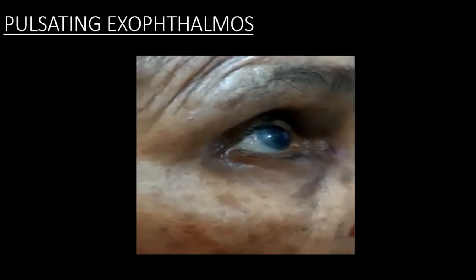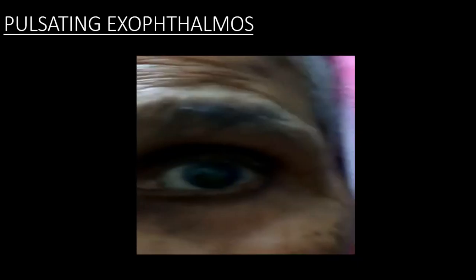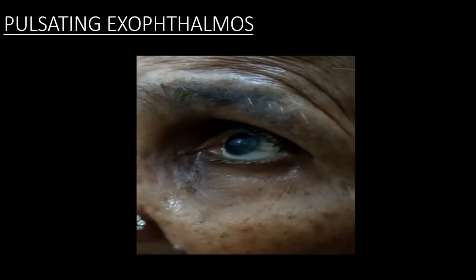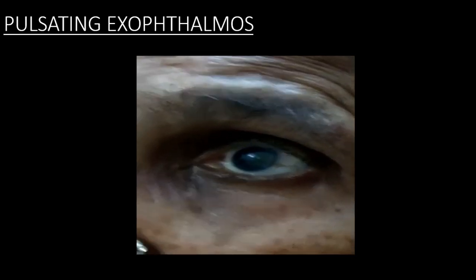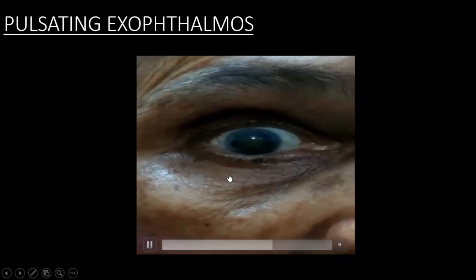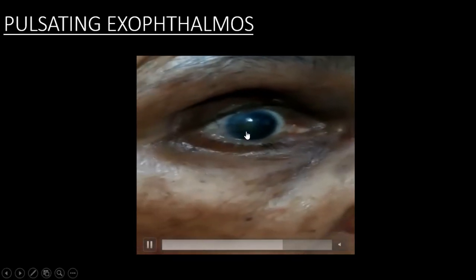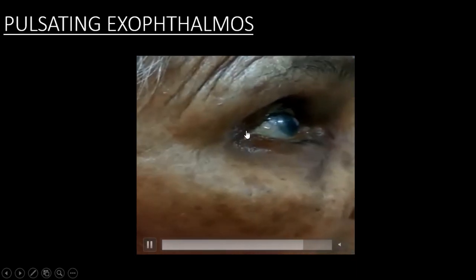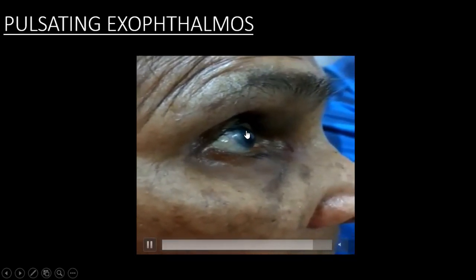The left eye is quite normal, but if you look at the right eye, yes, it is pulsating. So the cavernous segment of the internal carotid artery of this side is the one which has ruptured.